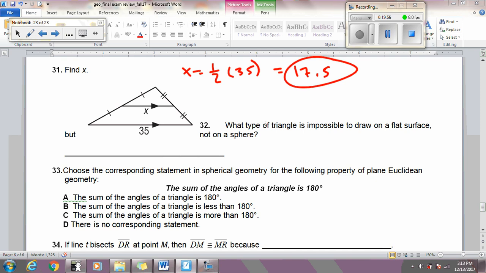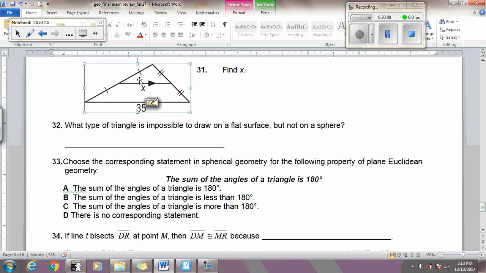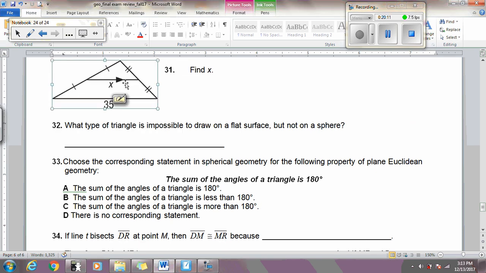So again, please remember what a midsegment does. Sorry, my stuff got distorted.